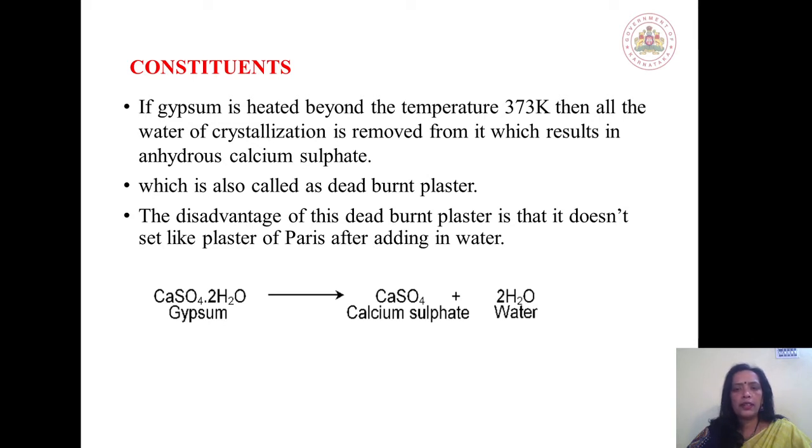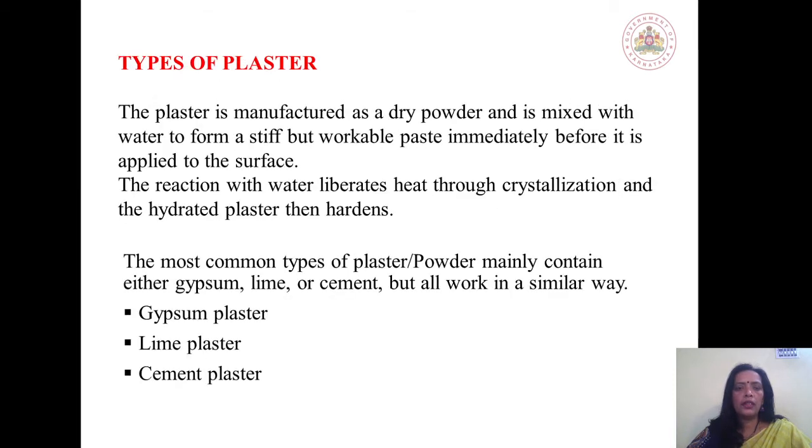We call this dead burnt plaster. The disadvantage of dead burnt plaster is that it does not set like plaster of Paris after adding water to it. These are the constituents of POP.